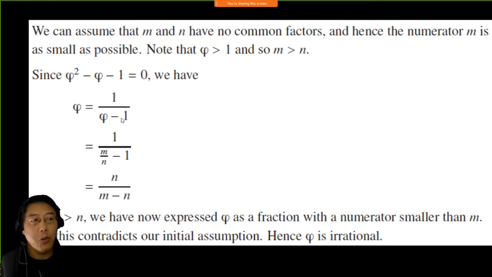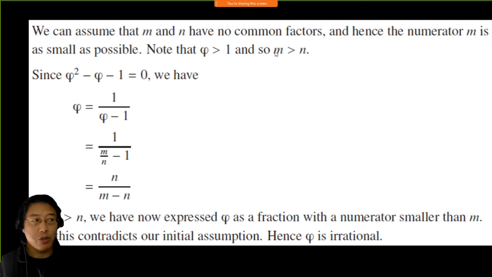So we end up with this expression. Now on the right hand side, just that phi, we ignore the one on the left, because we assumed it was rational, we can substitute m over n. We rearrange that fraction, and that gives you n over m minus n.